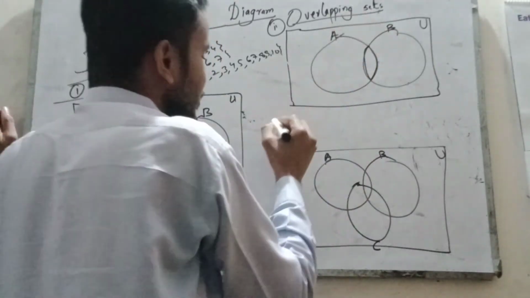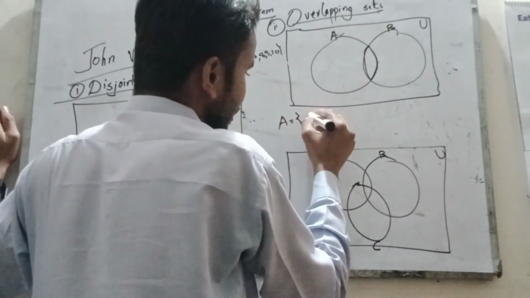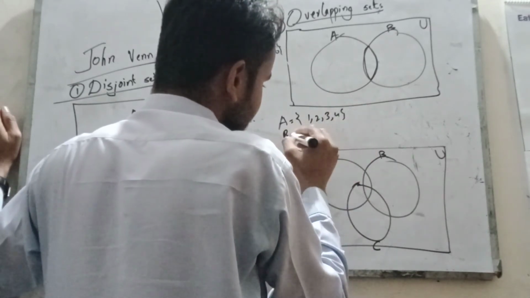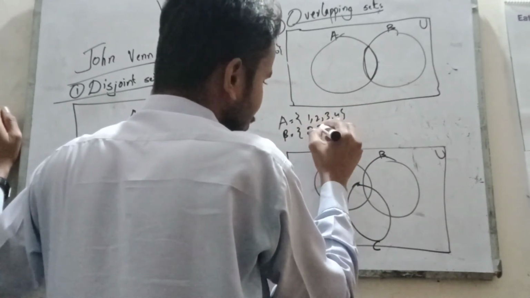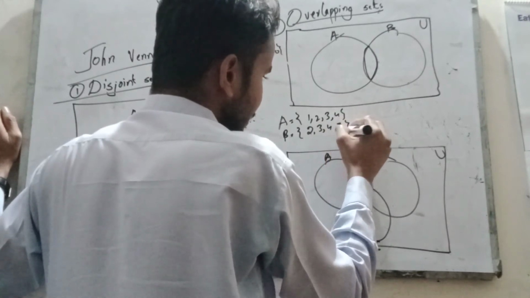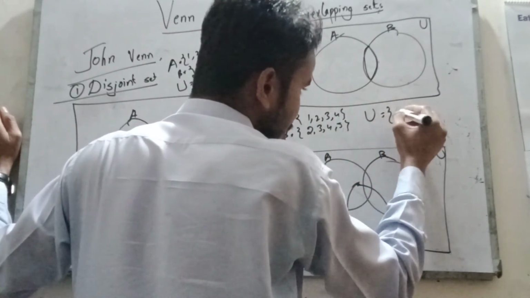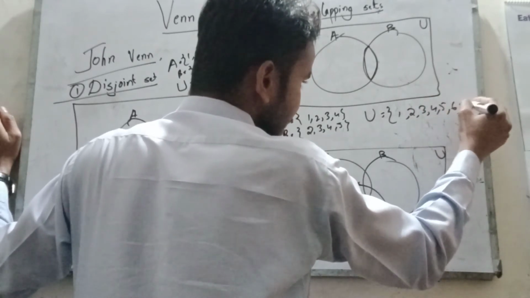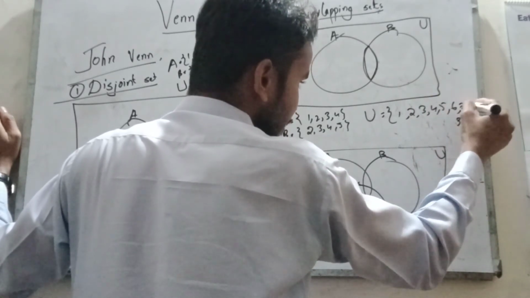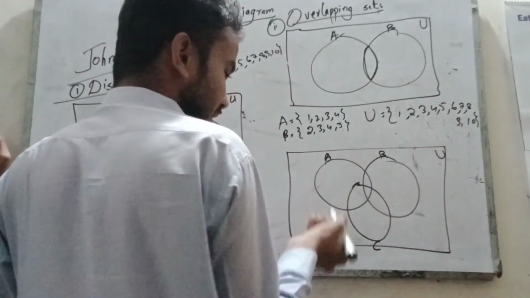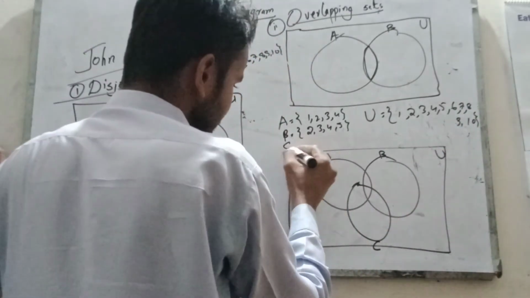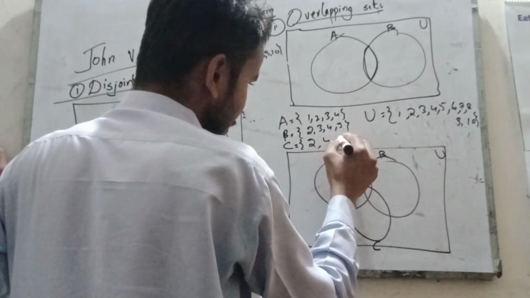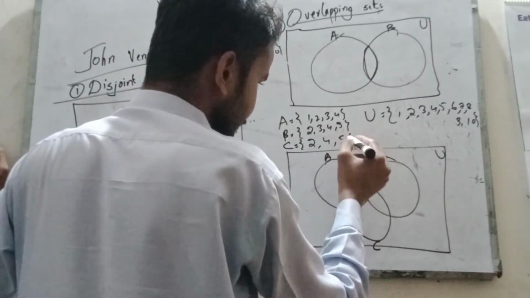Let's suppose A is equal to 1 2 3 4 and B is equal to 2 3 4 5 and the universal set is equal to 1 2 3 4 5 6 7 8 9 and 10. We are writing here for C is equal to 2 4 5.